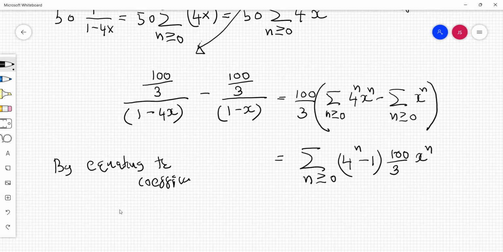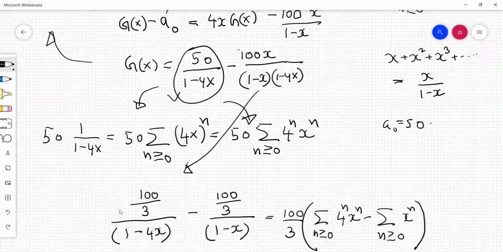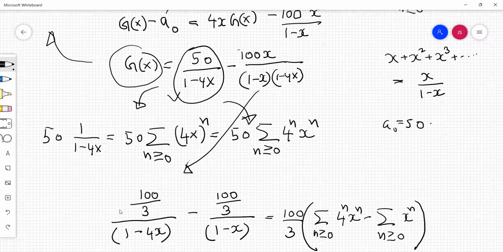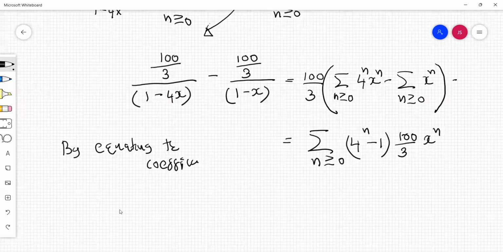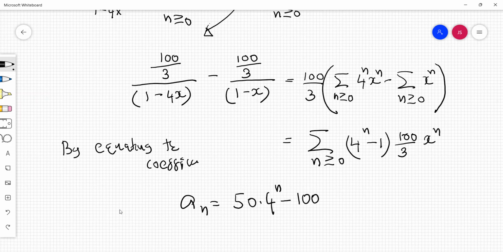That gx is equal to this one, right? So what is gx? It is equal to sigma anxn, n equals 0 to infinity. So that means an is equal to 50 times 4n minus 100 times 4n minus 1 over 3.